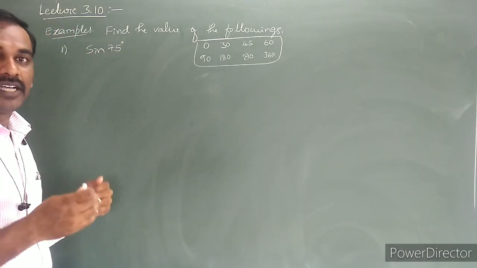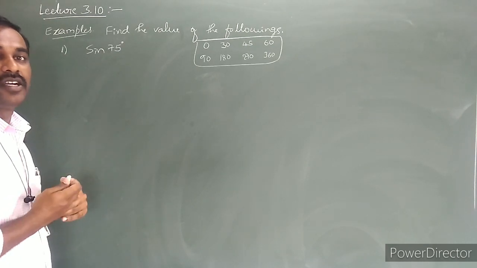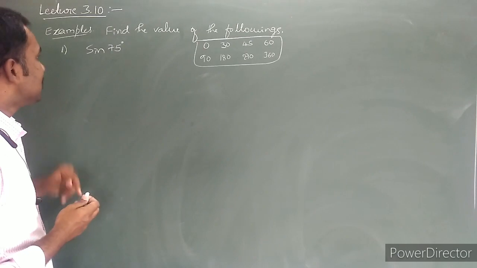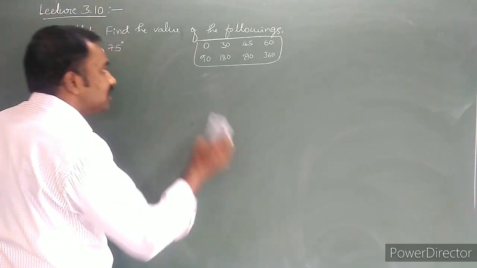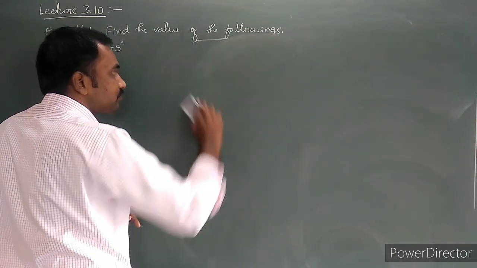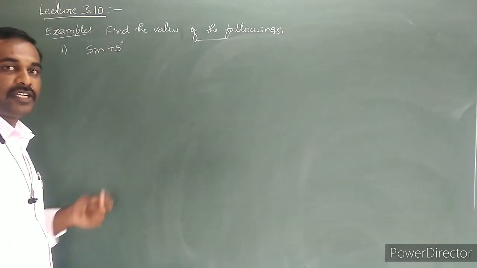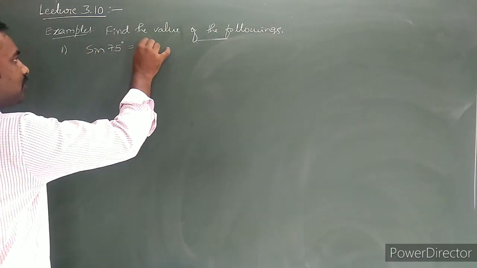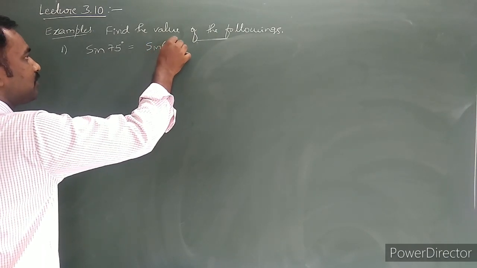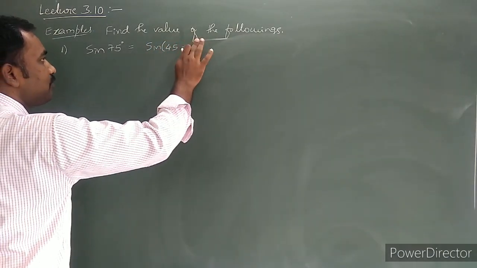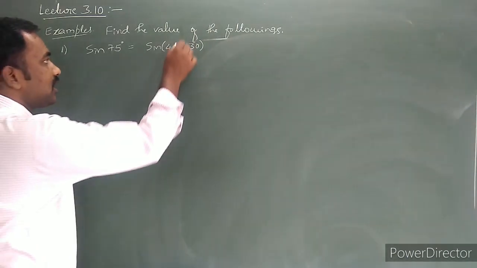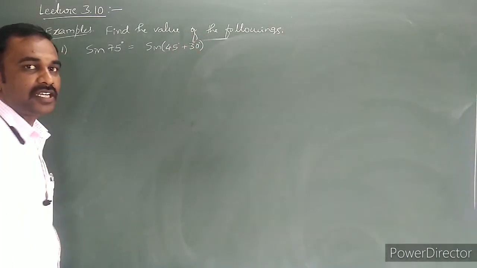For that reason, I extend this to compound angles, the sum and difference of two angles. How to find the sine of 75? I am going to split it into two standard angles: 75 degrees can be written as 45 degrees plus 30 degrees.